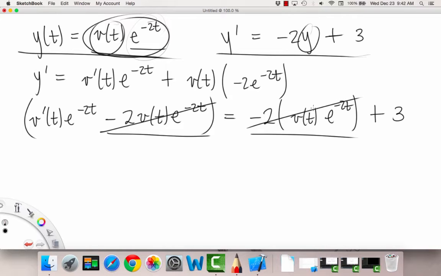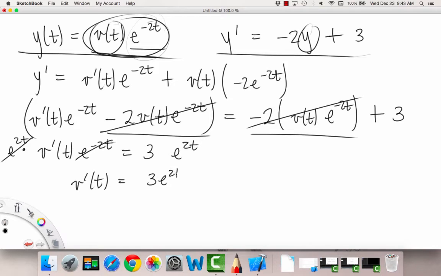And then we get v prime of t times e to the negative 2t equal to 3. That's a pretty simple equation. Now we simplify: we multiply by e to the positive 2t on both sides, so these cancel out, and we get v prime of t equal to 3e to the 2t.